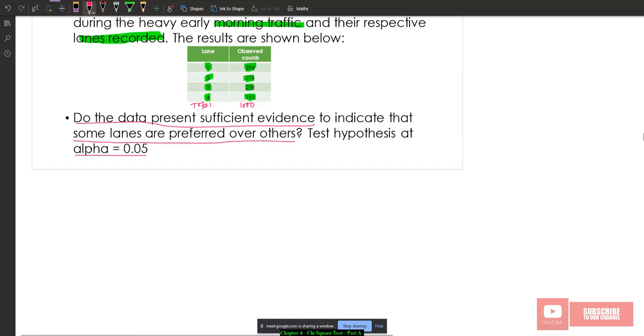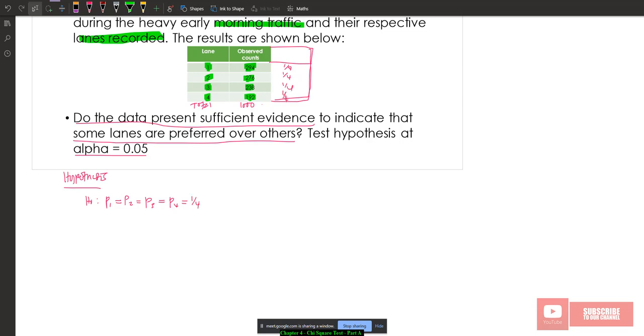Now our hypotheses. The null hypothesis is that the probability of using the first lane is the same as the second, third and fourth lanes, so the probability for each lane should be 1/4, 1/4, 1/4, 1/4. This is our claim.